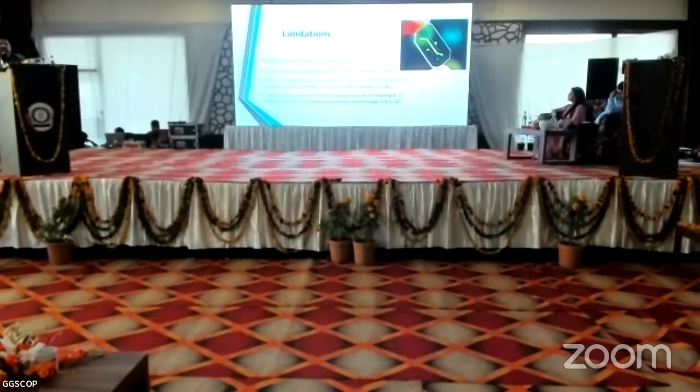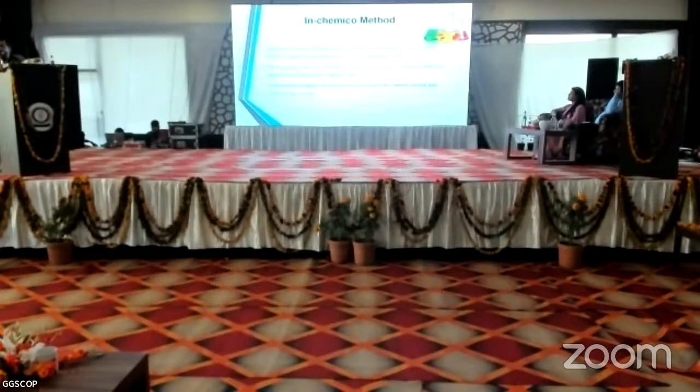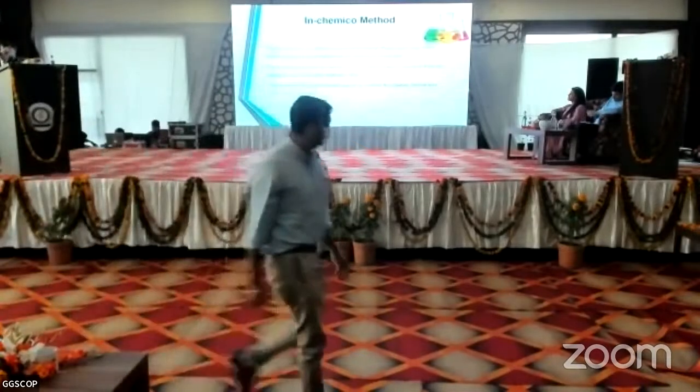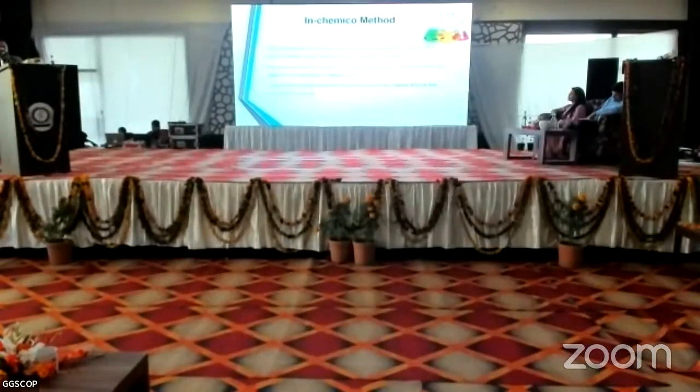But still, if we opt for this type of method, we can avoid the use of animals in our research. Next is the chemical method, which simply means using analytical tools, for example HPLC. Suppose you know that a certain mixture is there, and if the concentration is more than 30 micrograms, it will lead to toxicity. No need to give it to animals or humans.